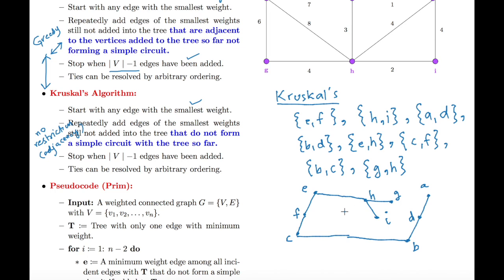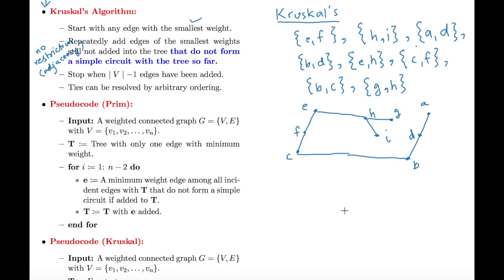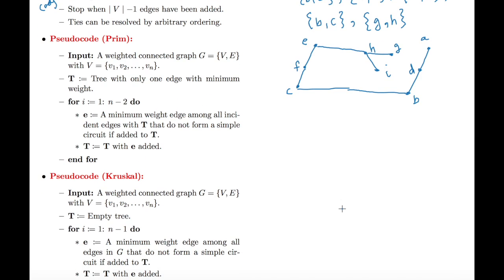Now let's say we have to program both of these algorithms, and we have to see what the pseudocode is. So the pseudocode of Prim's algorithm goes like this. It's very self-explanatory. It is just language translation from the description to the pseudocode. So we have an input, we have n vertices here, and we start with a tree with only one edge with minimum weight, and then we say from i equal to 1 to n minus 2, because one edge is already added.